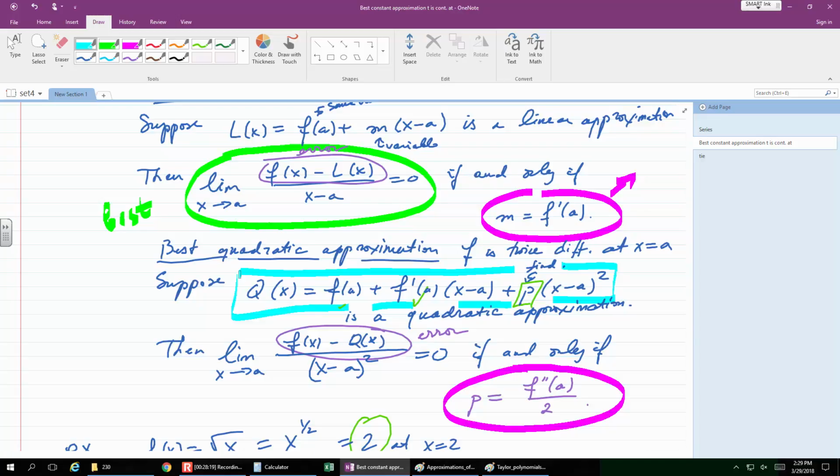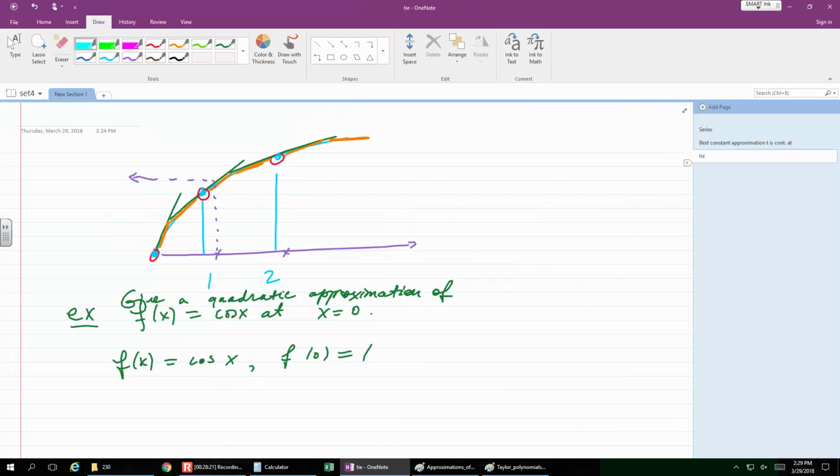So the quadratic approximation is f of a plus f prime of a times x minus a, plus f double prime of a over 2 times x minus a squared.